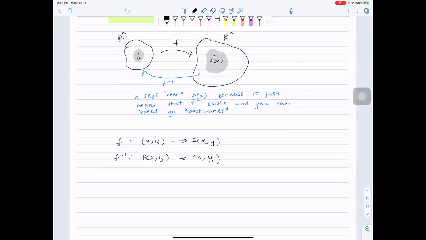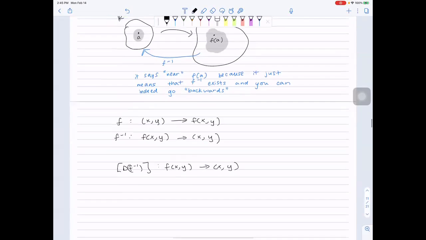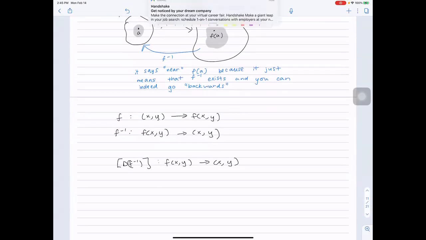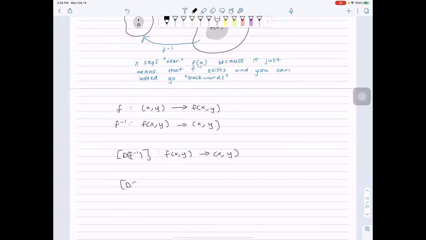That makes sense. That's single variable calculus. Now we're dealing with derivatives. So naturally, if our inverse takes us from f of xy to xy, our derivative of the inverse should also take us from f of xy back to xy. We also know that the derivative of f should take us from xy to f of xy.